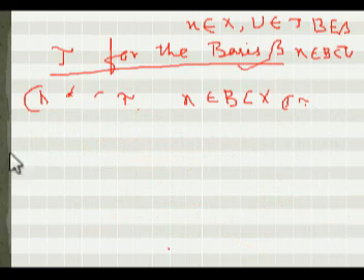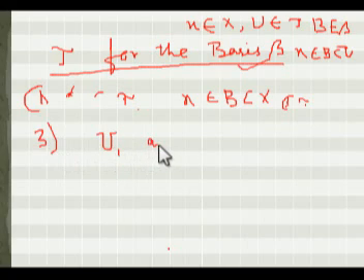The third axiom is the intersection. We will take first two members, U1 and U2, open sets belonging to tau.